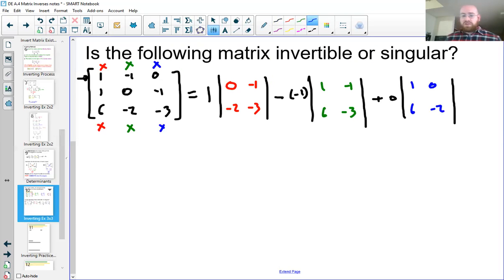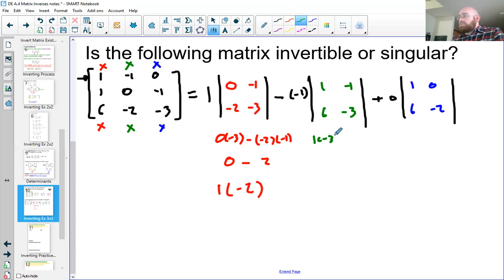Now we get to actually do the computation. So here we have 0 times -3 minus -2 times -1. So that's 0 minus 2. So we have 1 times -2 from this first part. Then we have 1 times -3 minus 6 times -1.